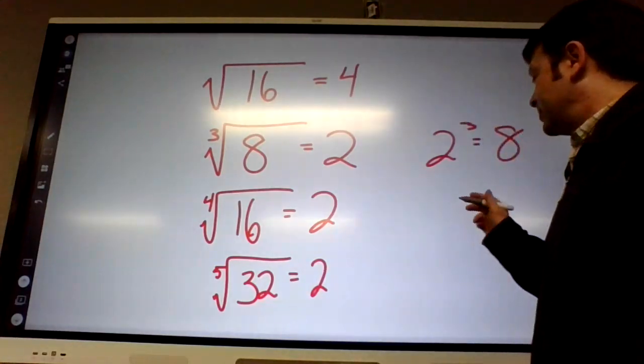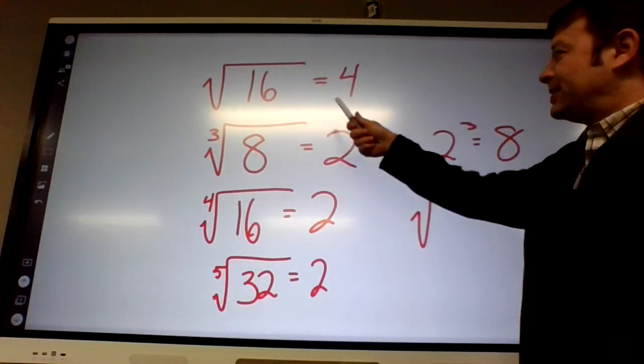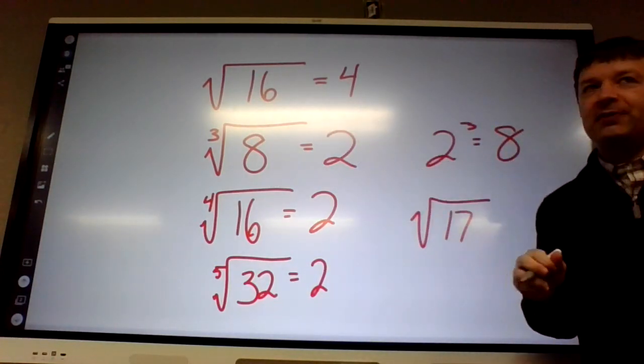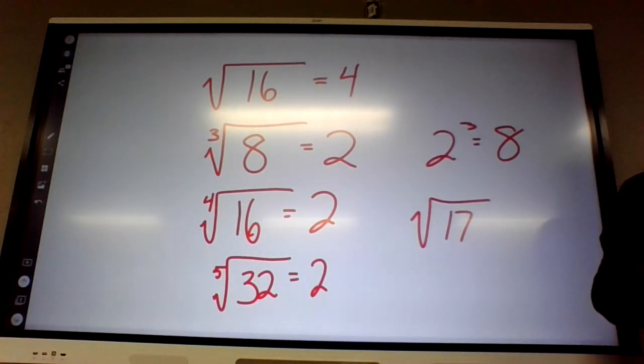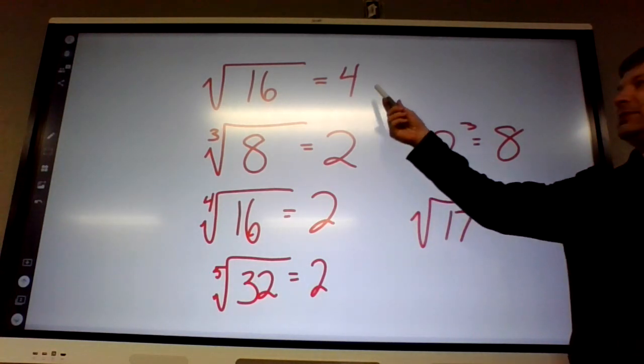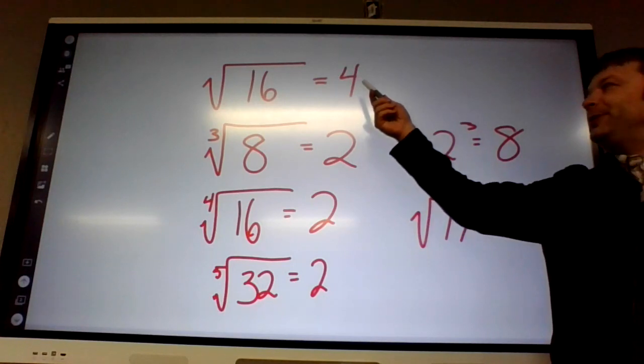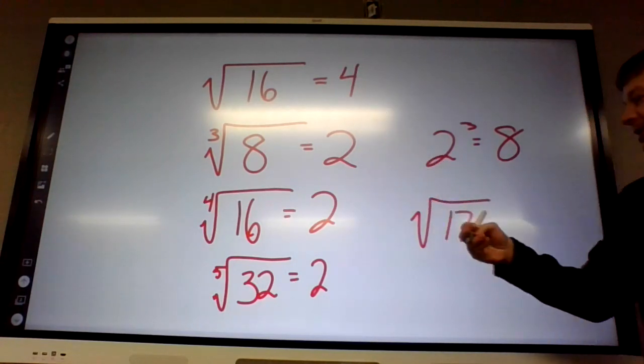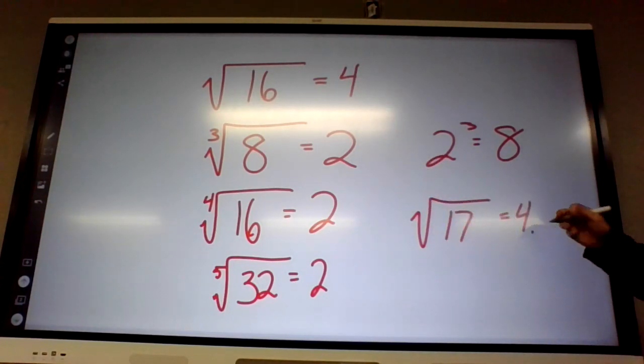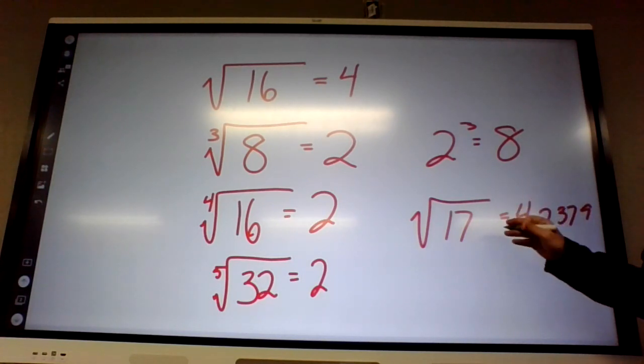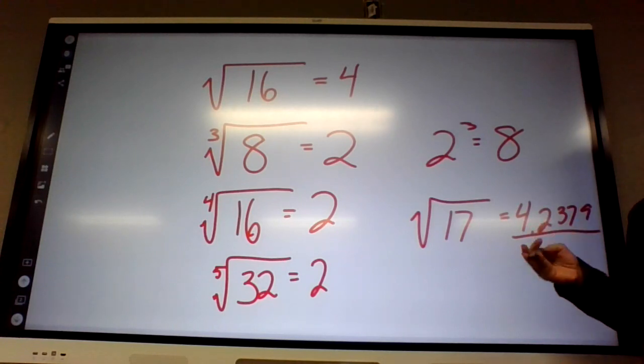If I did like the square root of, instead of 16, what if I put square root of 17? What's that going to be? Well, nothing nice. It'll be bigger than 4, right? But it'd be like 4.237. I'm making these numbers up. But the point is, you can plug it in your calculator.